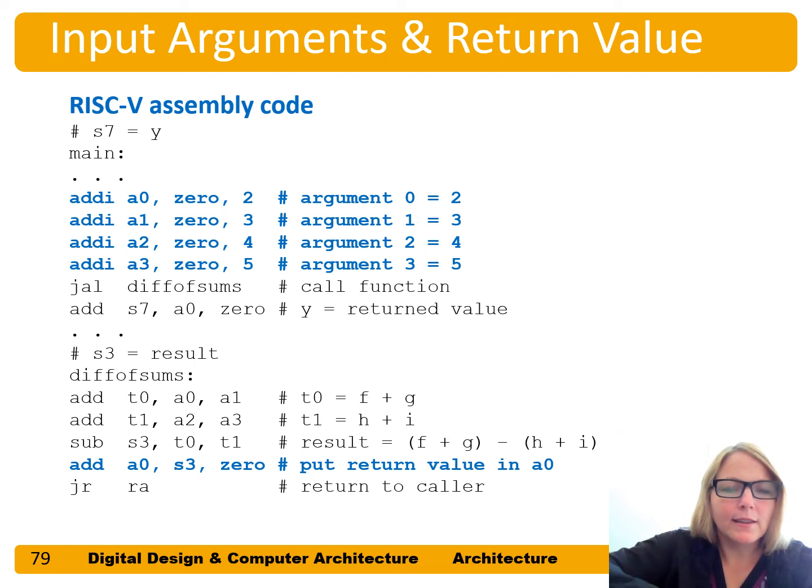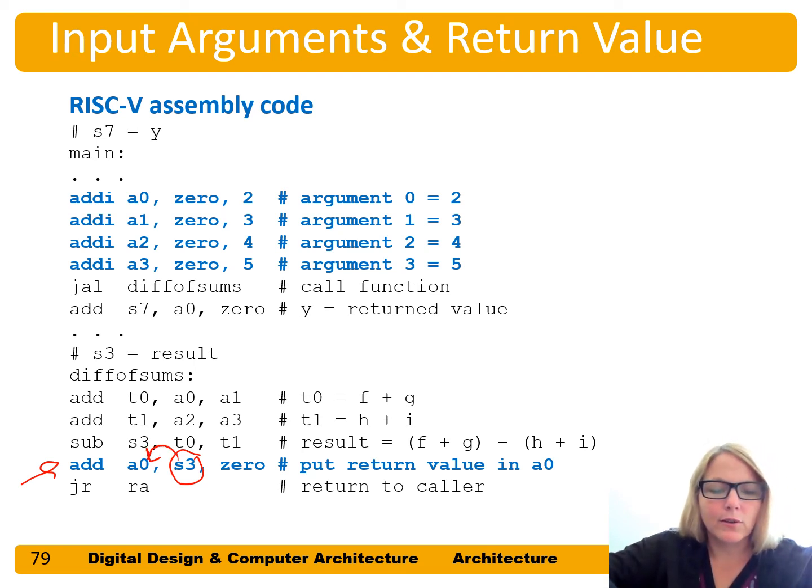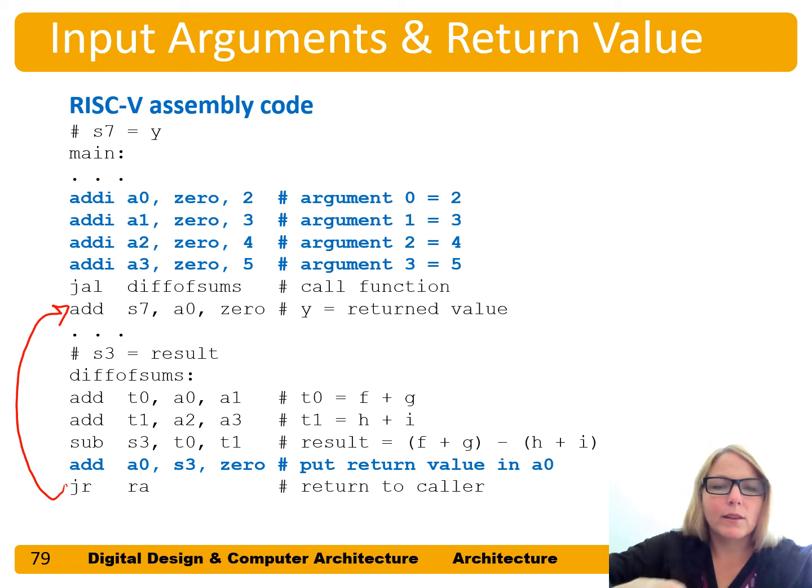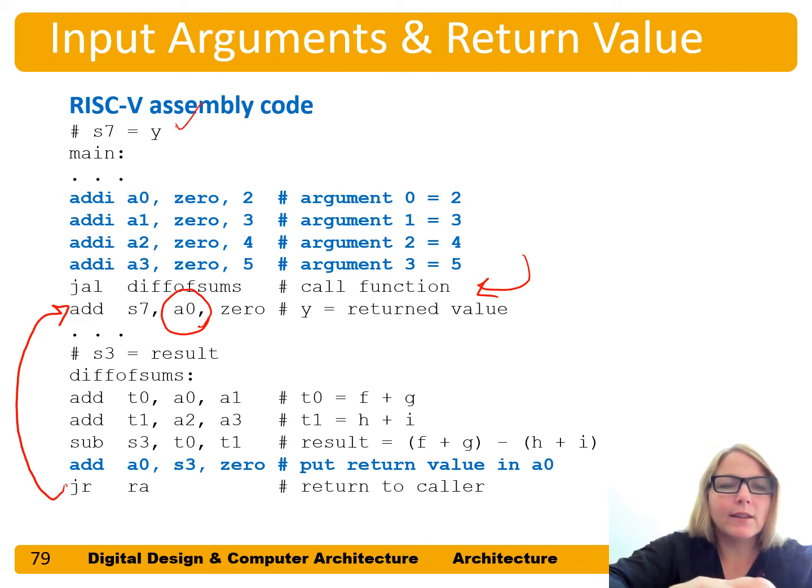And then finally, this last one is putting the result, T3, into the return register, so that when this function returns with jump register RA, it's going to jump to the instruction right after the call instruction, jump and link diff of sums, and it's expecting that return value in A0. So y was in S7, so it's going to say y equals whatever value is returned.